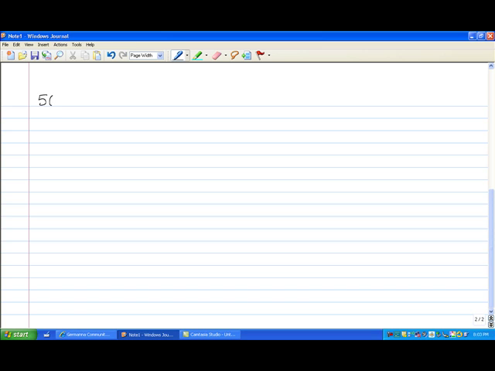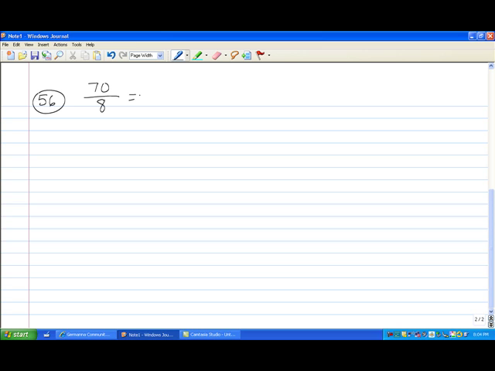So let's choose one of these. Let's look at 56. The rule of 70 says what we do is we divide by the inflation rate, and they give us the inflation rate as 8%.